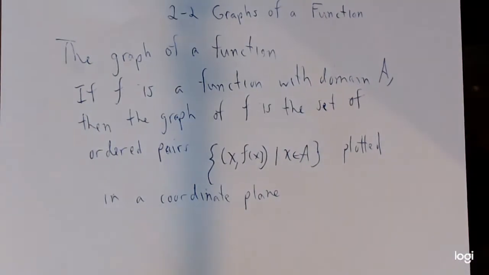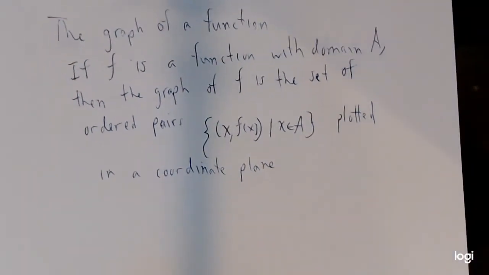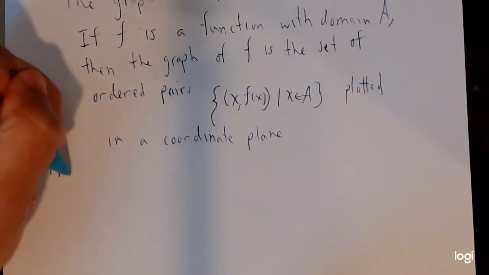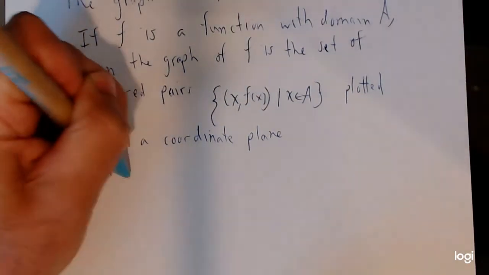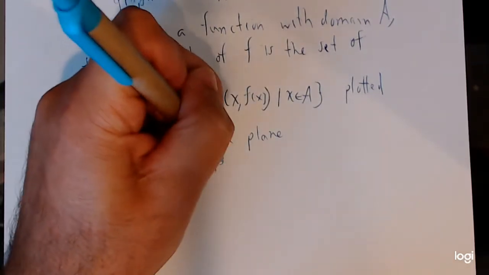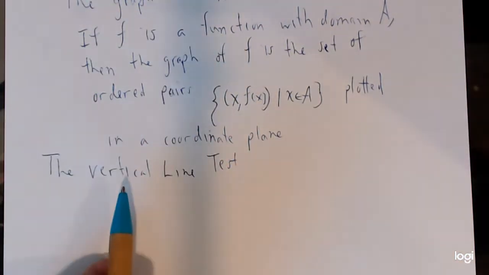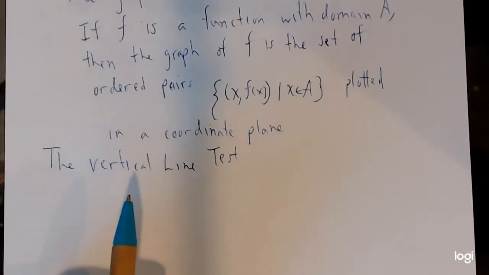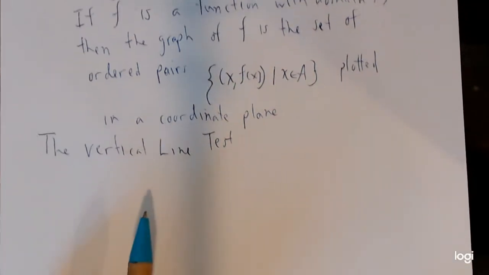Okay, so let's talk about the first visual test that we do, and I'm sure you've heard of this, which is called the vertical line test. And what the vertical line test does is you use this to pretty much check to see if the graph of something represents the graph of a function, right?